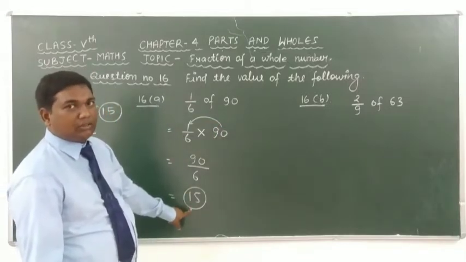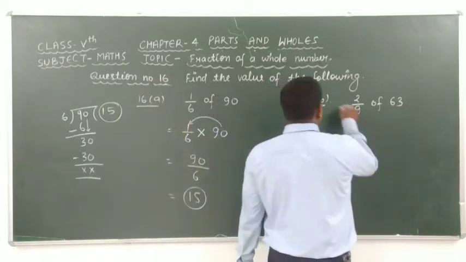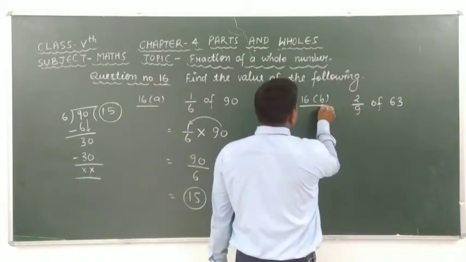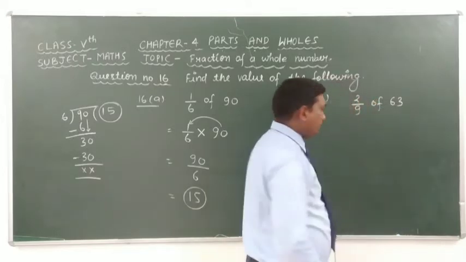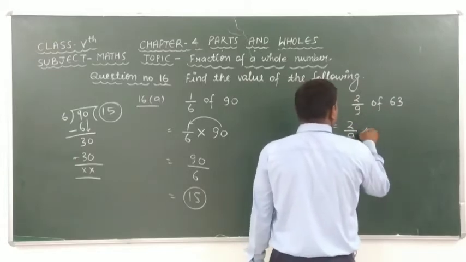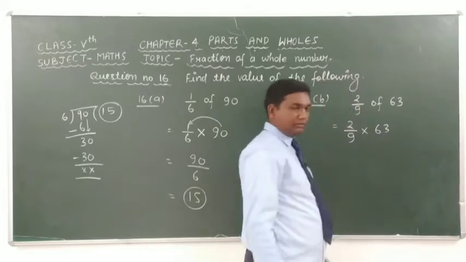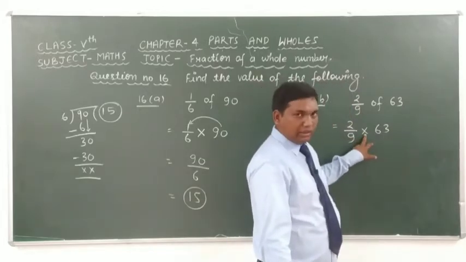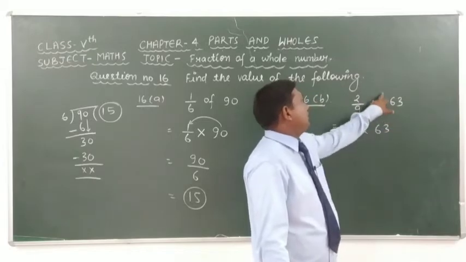Understand? Okay students, if any student has a doubt in this question, please ask me. Again, in question number 16 of B, here given that 2/9 of 63. Firstly we can write 2/9 multiplied by 63. Dear students, here we have to take the multiply sign in place of this of.